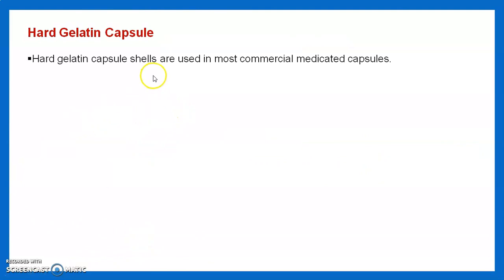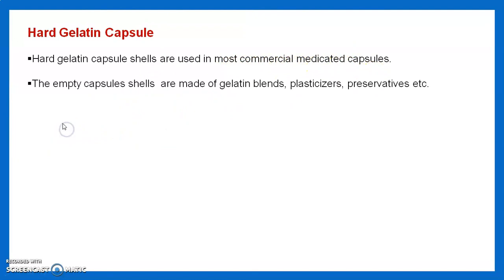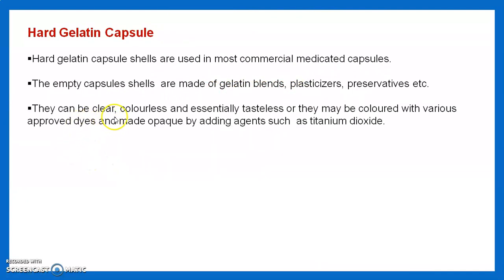Then we see the hard gelatin capsule. Hard gelatin capsule shells are used in most commercial medicated capsules. The empty capsule shells are made of gelatin blended with plasticizers and preservatives. They can be clear, colorless, essentially tasteless, or they may be colored with various approved dyes, or made opaque by adding agents such as titanium dioxide.